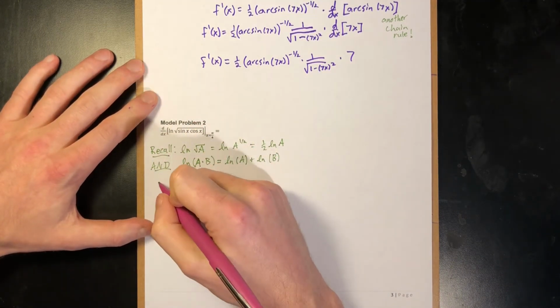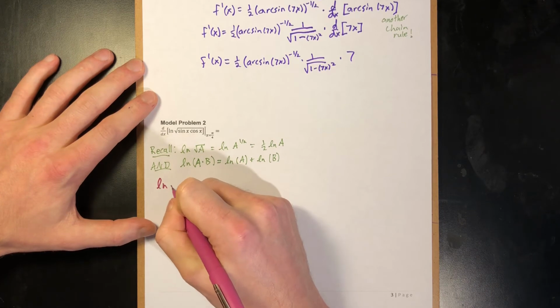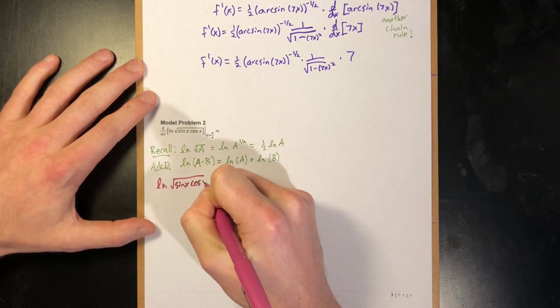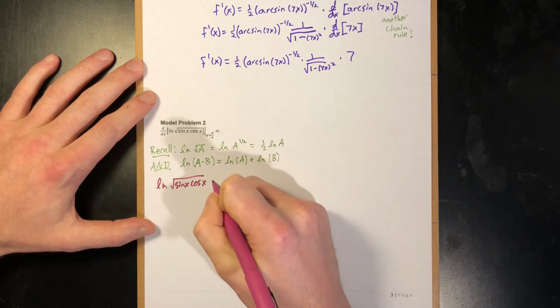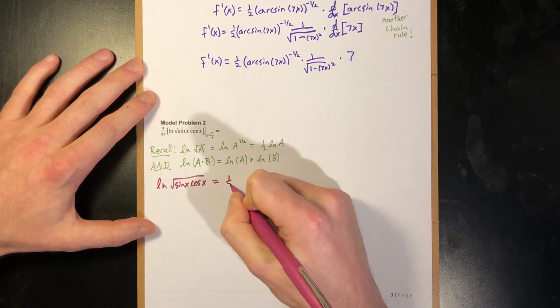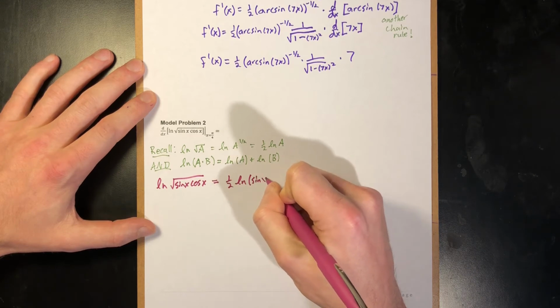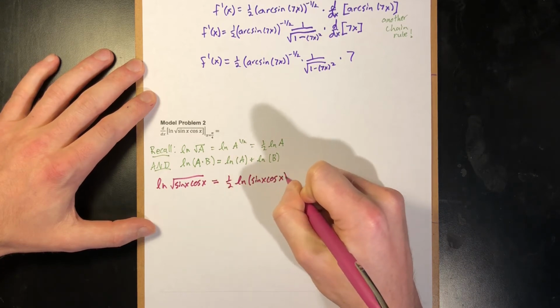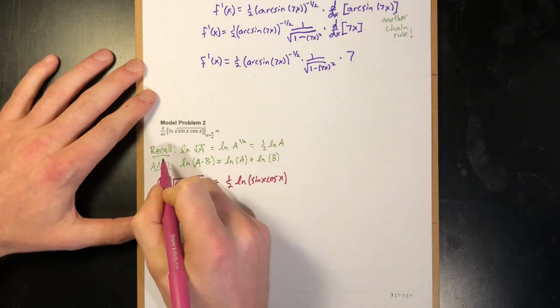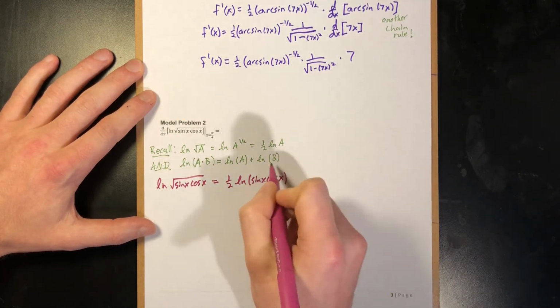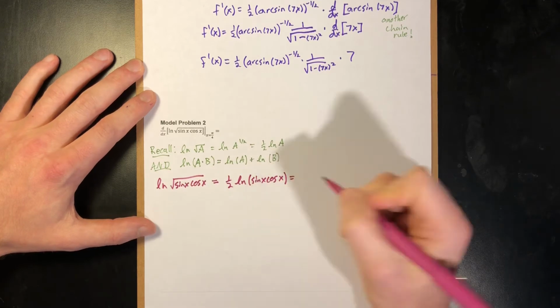So we've really got ln of the square root of sine x cosine x. Well, that would actually be equal to 1/2 ln of sine x cosine x, using the first property up here. Then we can use the second property and simplify our lives even a little bit more.